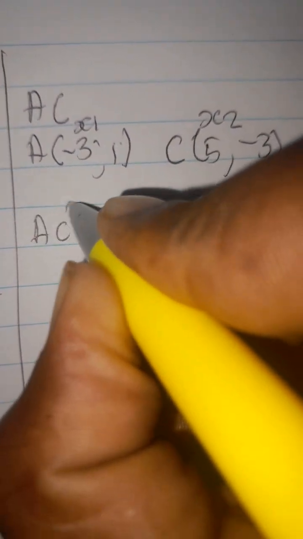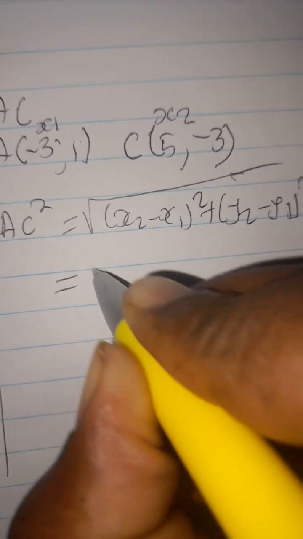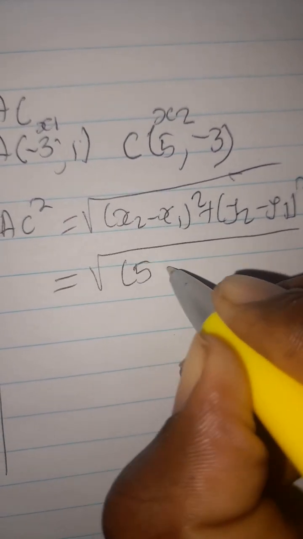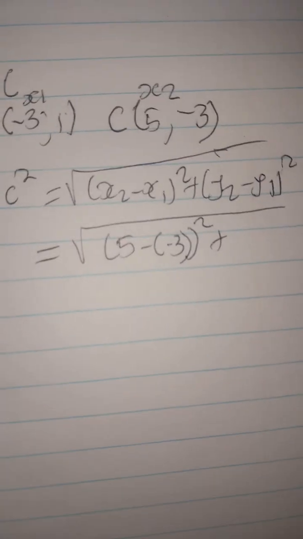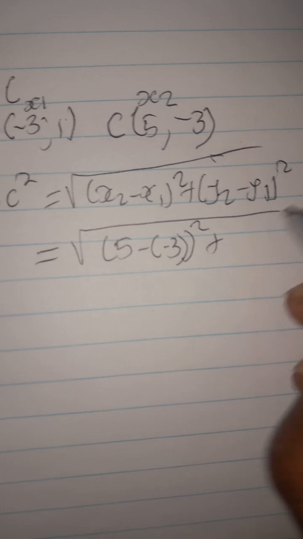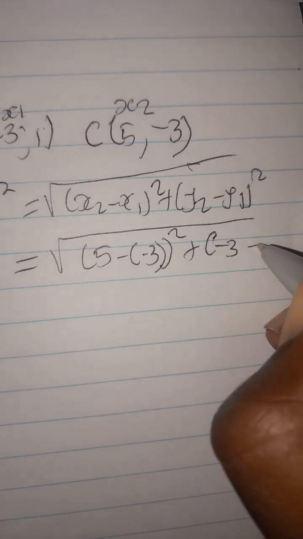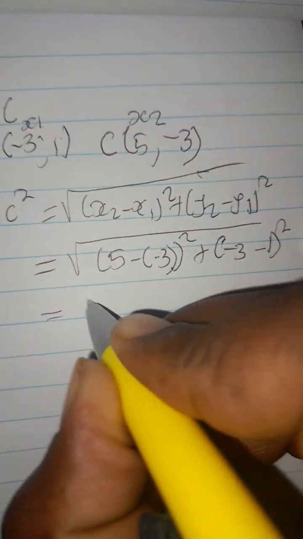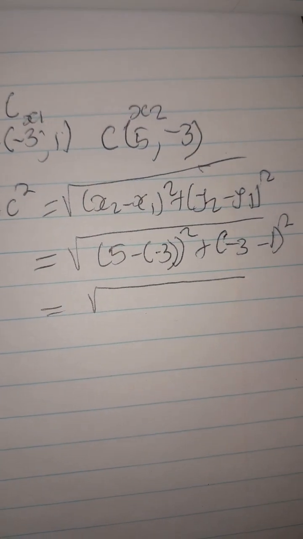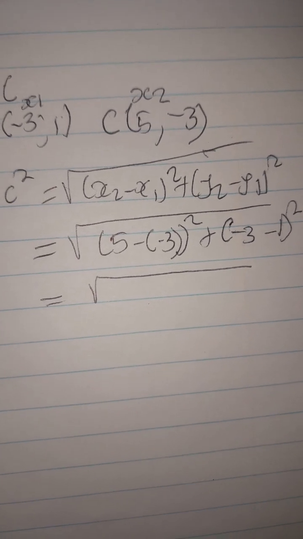So we have AC squared: x2 minus x1 squared plus y2 minus y1 squared. Then let's put that in: our x2 is 5, our x1 is negative 3 squared, and our y2 is negative 3, y1 is negative 1 squared. So let's try and work this out.